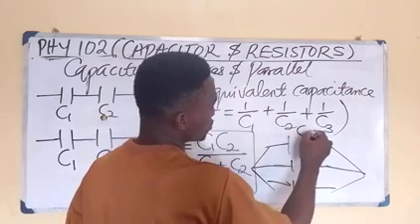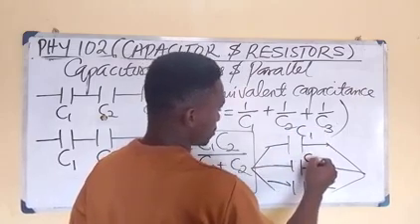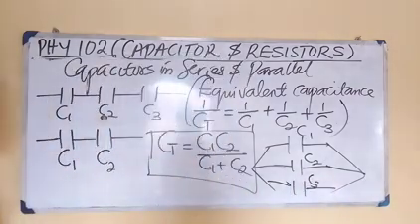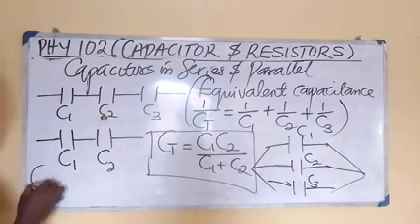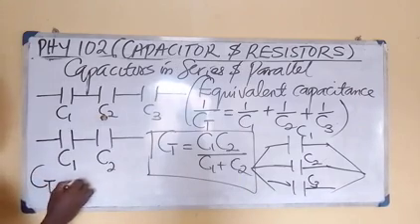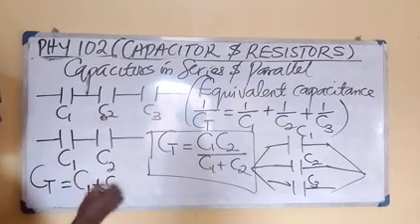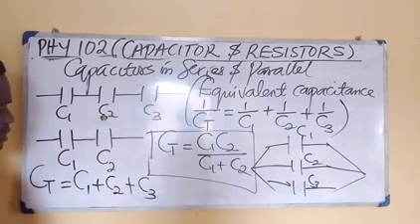But when you now have capacitors in parallel, the total capacitance is simply the sum of the individual capacitors, C1 plus C2 plus what? C3.